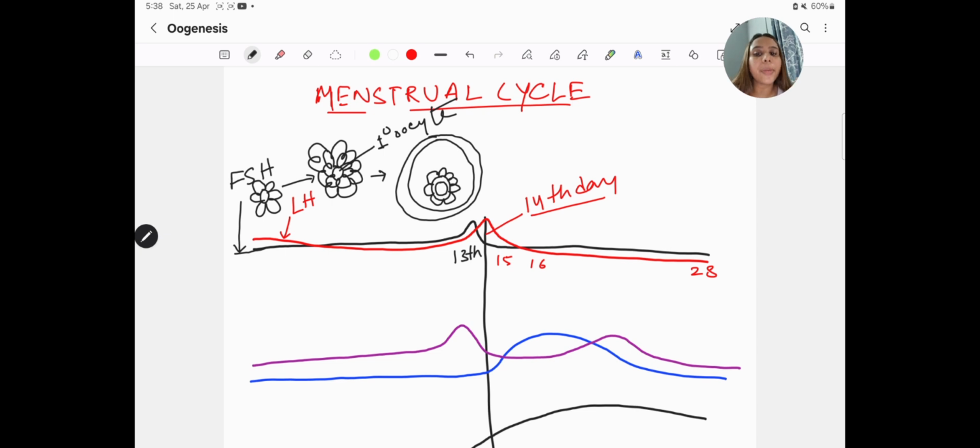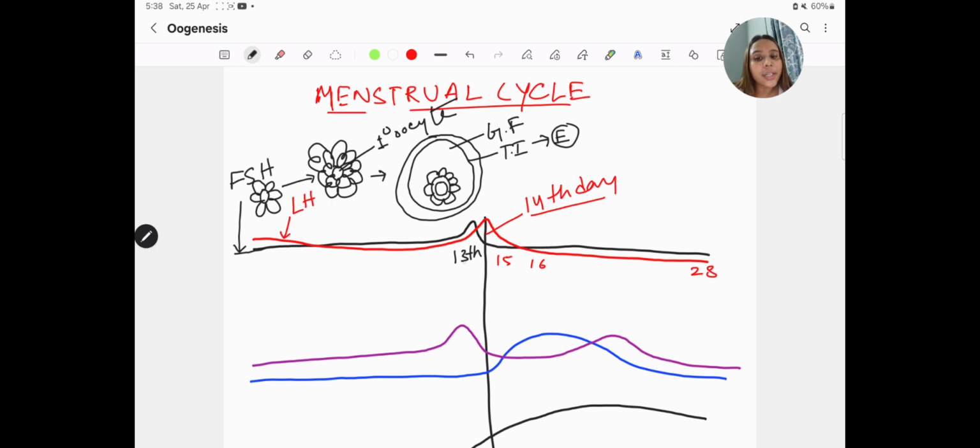And this is named the Graafian follicle, GF, that means Graafian follicle. And this is the theca interna layer, right? The theca interna secretes estrogen hormones, right?